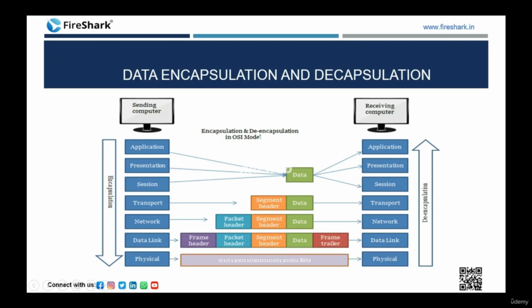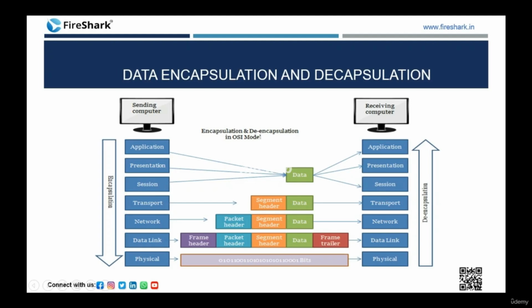When data comes to the application, presentation, and session protocol layers, the sending machine creates the encapsulated form, and when the data goes through that process and reaches the receiving computer, decapsulation happens.